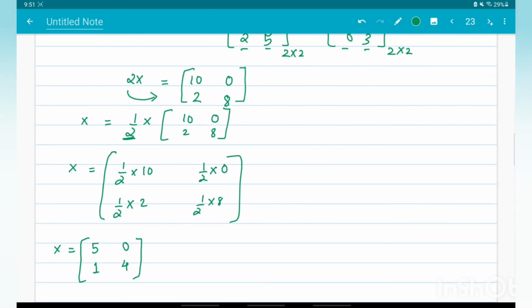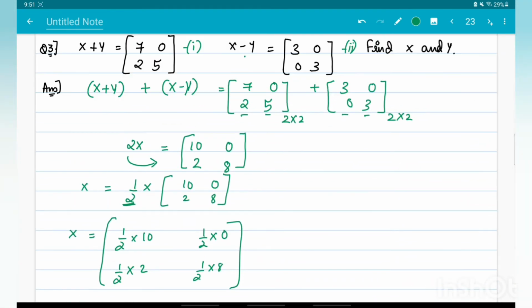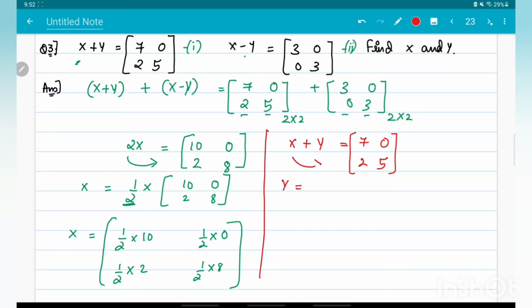Now we're just going to substitute this value in one of the equations and find the value of y. Suppose I take this first equation: x plus y is equal to the matrix 7, 0, 2, 5. Now in order to find y, I can do one step over here. Let me take this x to that side, and this becomes y is equal to this matrix minus x.